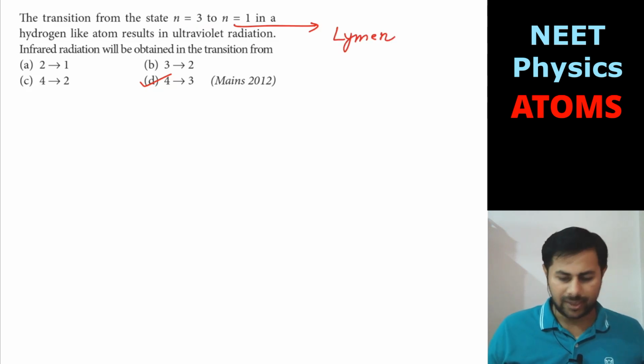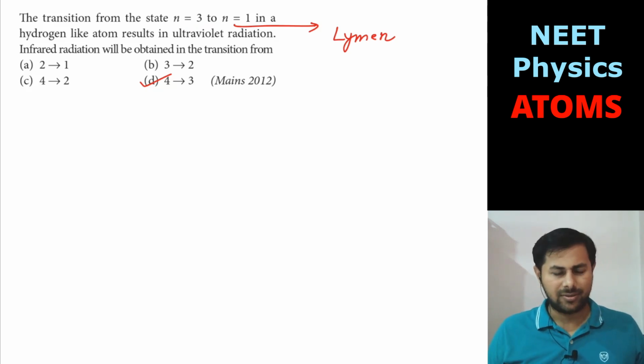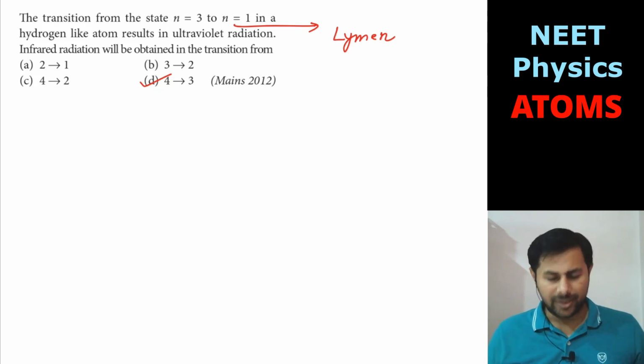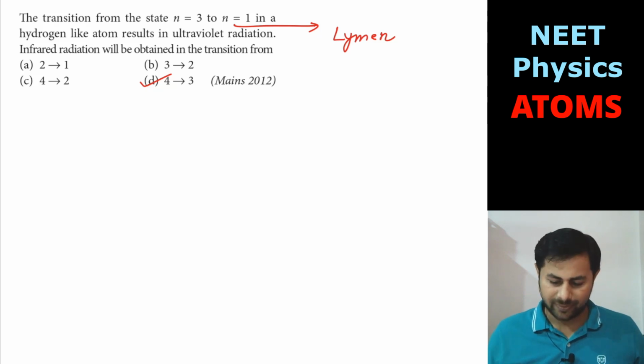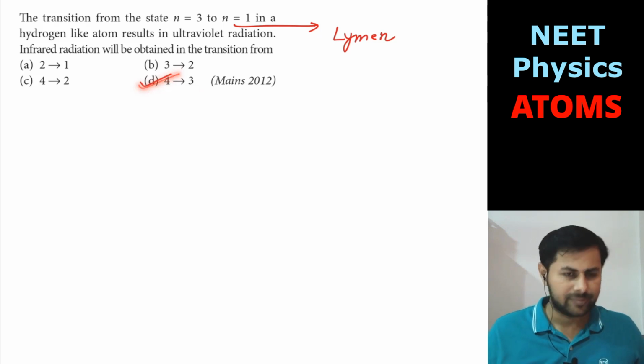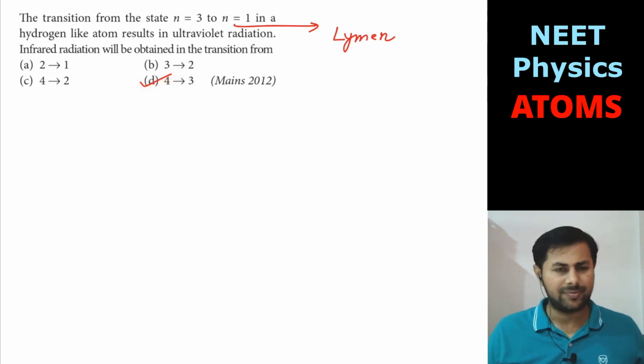If Lyman is ultraviolet, then Balmer would be visible, and next to that Paschen, that is transition to third state from any higher state, right? Paschen, Brackett and Pfund etc. would be infrared. So very good, that's correct. So 4 to 3, right? Others, is it clear?